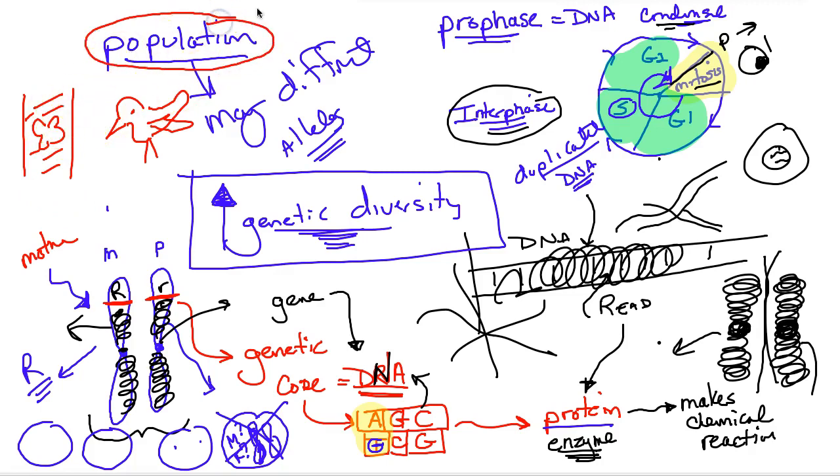What if, and this is a true story, the bark became black? Because of the Industrial Revolution, we had all kinds of coal and soot that sooted our forests. Now the gray moths stood out and the birds ate them.